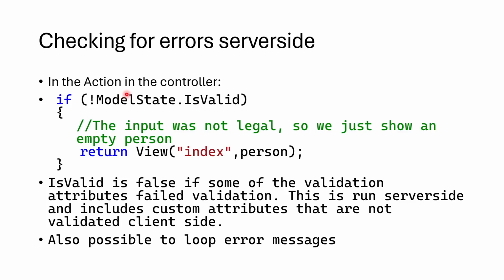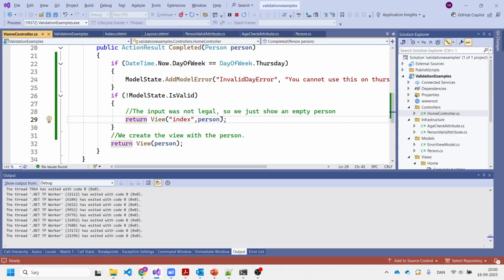That means you don't really perform the action on the server side. You return the index view instead of the completed view with the same person. So you get all that the user entered, and you also get the model state validation.